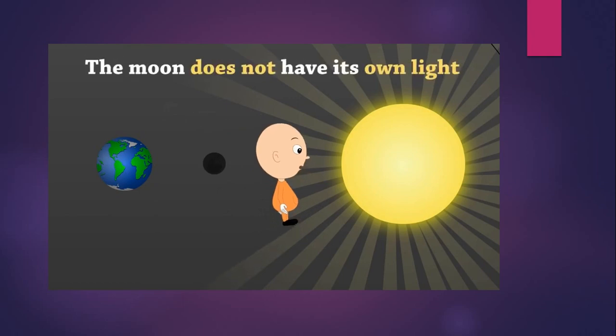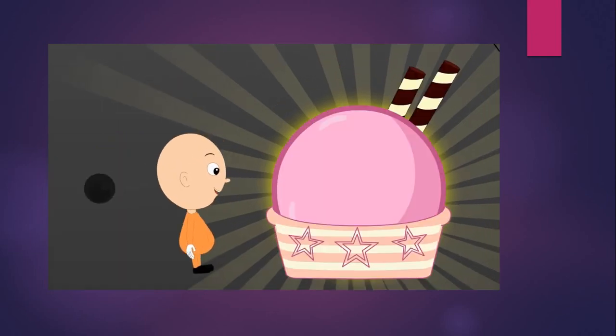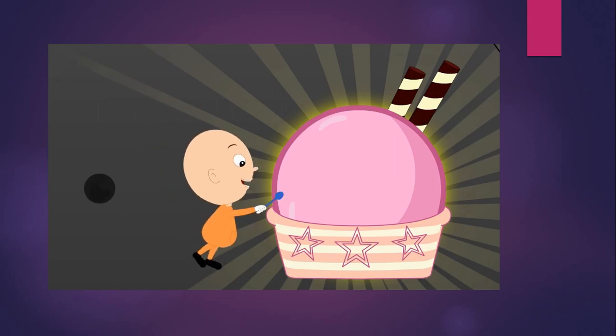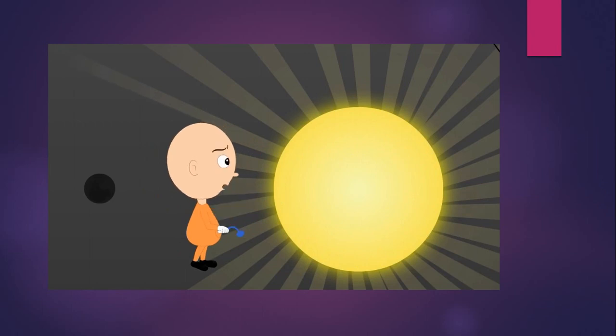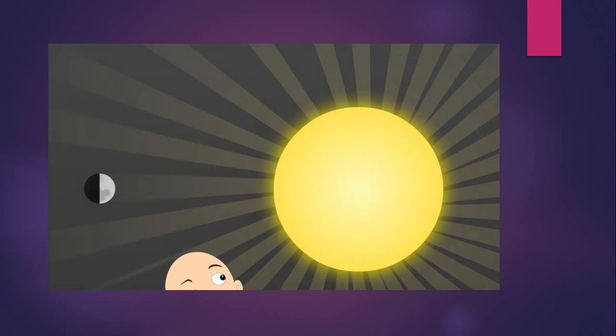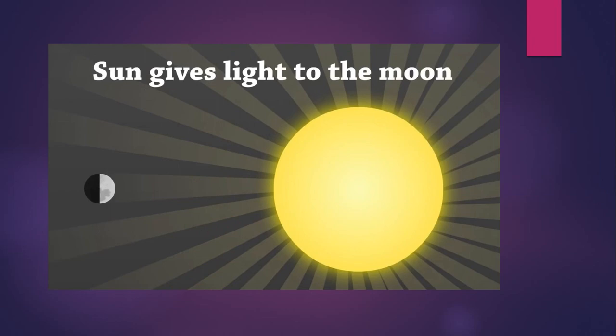The moon does not have its own light. The Sun gives light to the moon.